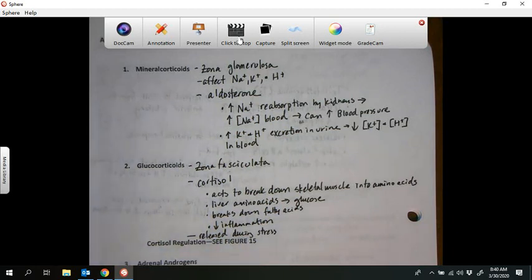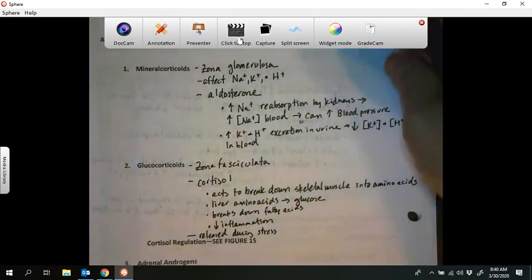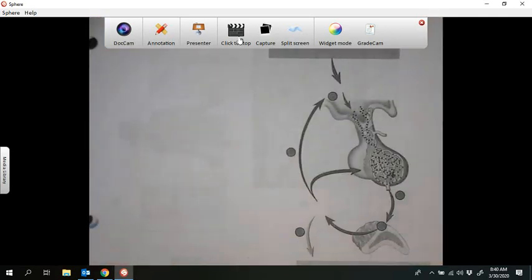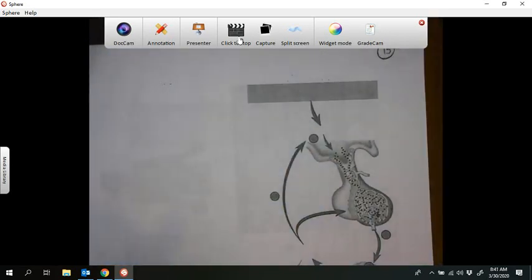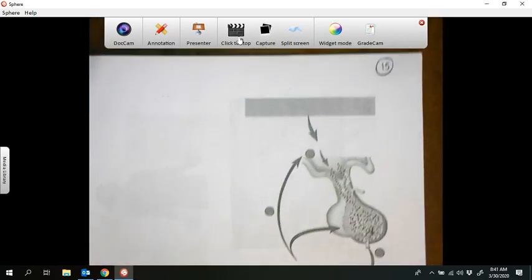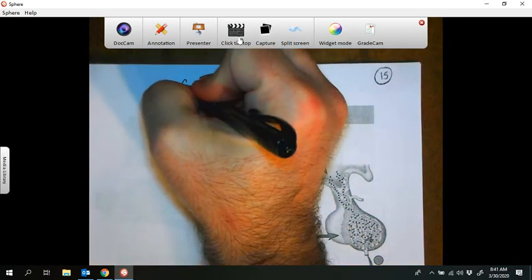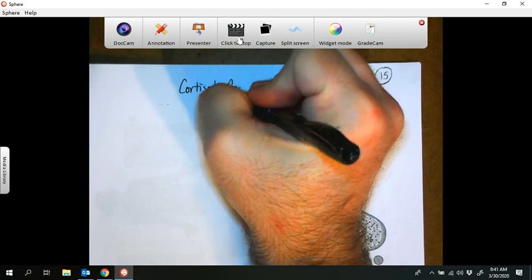So we are going to move to diagram number 15 in our diagram packet to look at how cortisol is affected in our body and how it is secreted. This diagram number 15 is cortisol regulation.